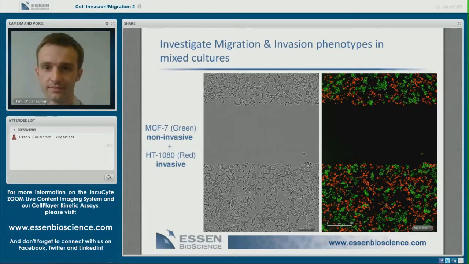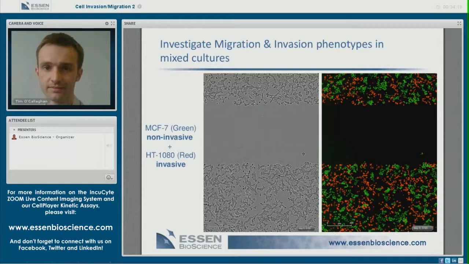Users can also use these assays to investigate migration or invasion phenotypes in mixed cultures. In this experiment, we pre-labeled the non-invasive cell type MCF7s with a green fluorescent protein and the HT1080 invasive cell line with a red fluorescent protein.